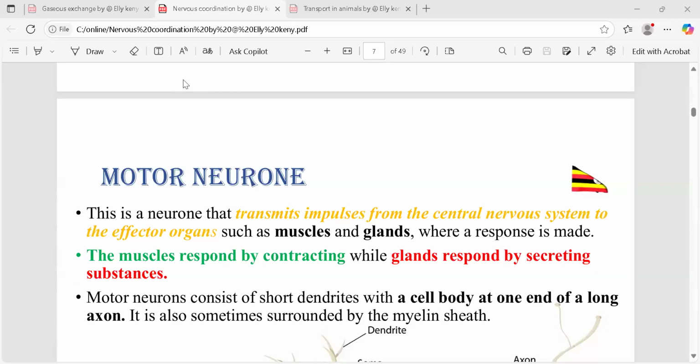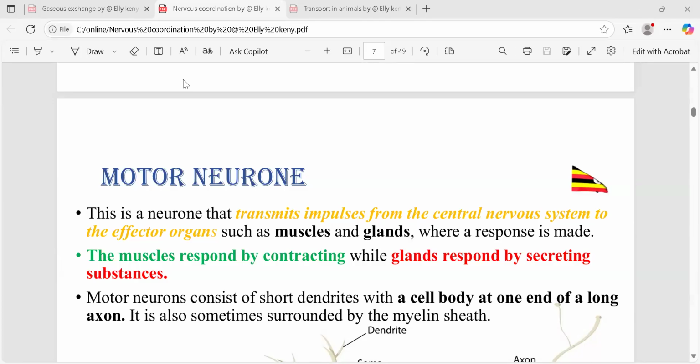The information shall be picked from the sense organ, which is the eyes, and then it shall be sent to the central nervous system. The central nervous system has the brain and the spinal cord. So the information has been picked from the sense organ, the eyes, to the central nervous system, meaning it has been sent either to the brain or to the spinal cord.